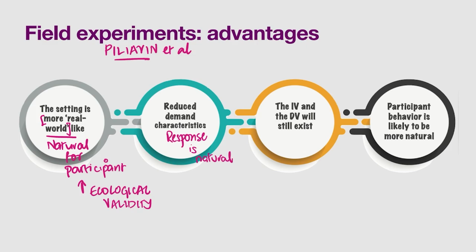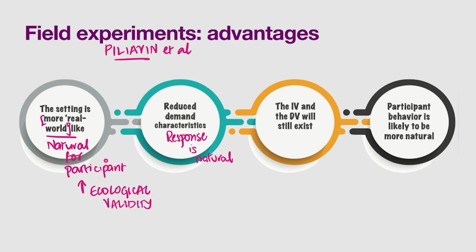So their response of helping or not helping was absolutely natural because, again, it was on a subway. It was in the real world, this particular experiment. But this applies to all field experiments, that demand characteristics are reduced where the participants are unaware that they are part of or in a research study, right?